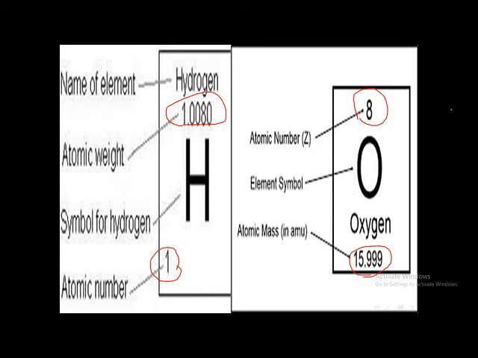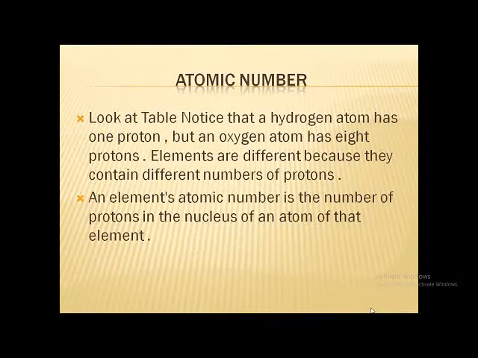So what makes atoms different? What makes elements different from each other? Yes, true. The difference of atomic and mass number makes elements different from each other. Elements are different because they contain a different number of protons.